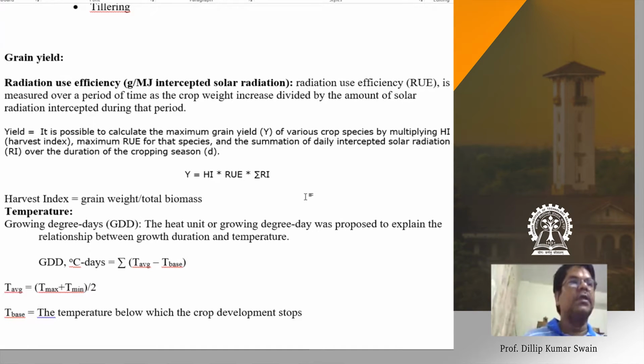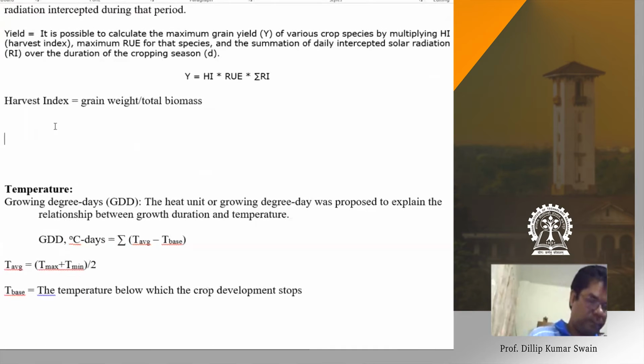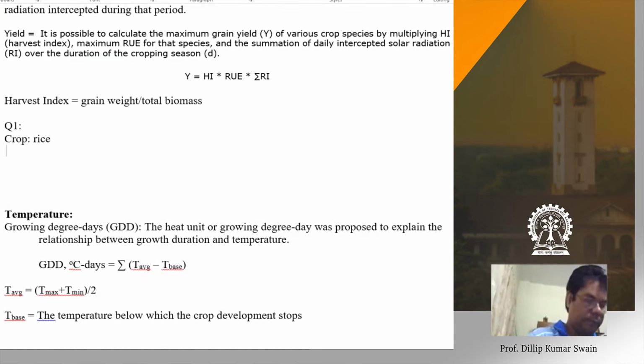Suppose the information I am giving here for this question. Crop is rice. Suppose for rice crop, average leaf area index, and suppose duration 120 days.